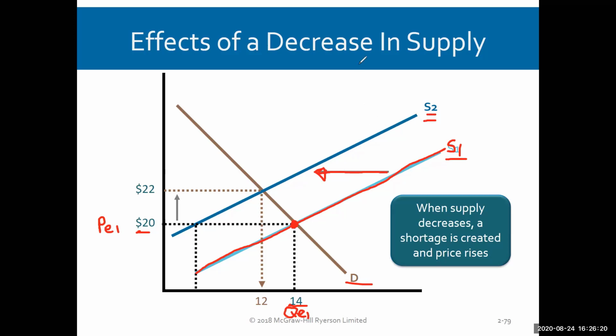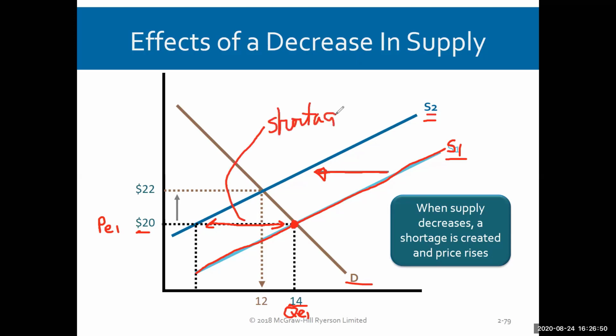What we have to look at is that when supply shifts immediately to the left, or decreases, at the original price, we've got this gap here. Is that a shortage or a surplus? So you ask in your mind, well, supply shifts to the left, it decreases. Well, I'm 100% sure it's causing a shortage.